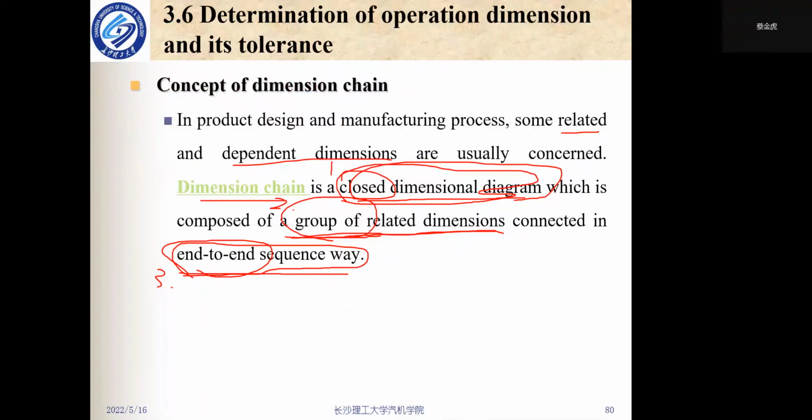So we have the concept of dimension chain and have learned the three key points of the dimension chain. And from the students' answers, it seems like everyone has paid attention to the dimension chain.